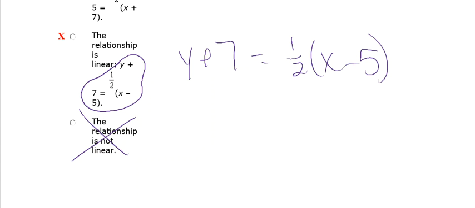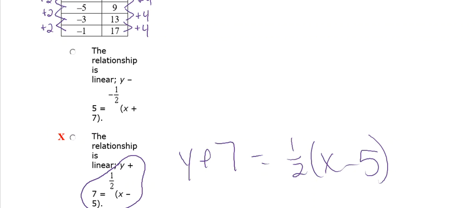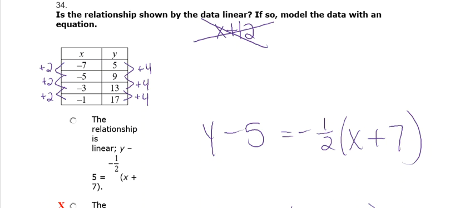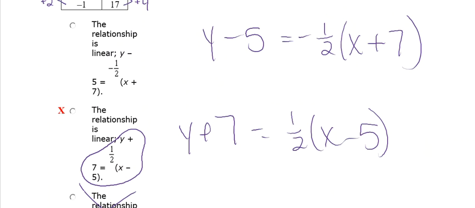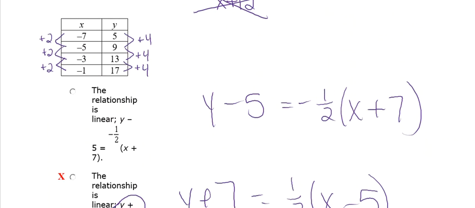Then the next one was y minus 5 equals negative 1/2 x plus 7. So you can do a lot of things here. You could have guessed and checked. You weren't going to guess and check point slope form, but it's point slope form. That means which point is on the line. The point that's on that line is negative 7, 5. So which one shows negative 7 and a positive 5?